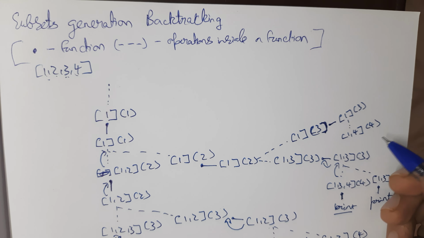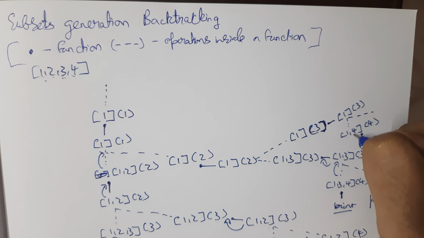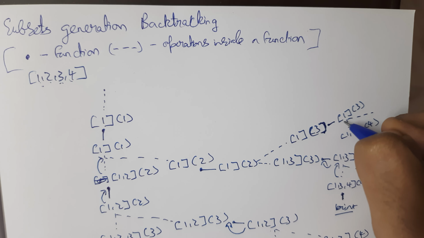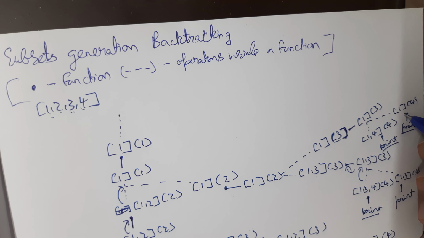And after printing 1, 4 in the output, we'll be going back to the function where we remove 4 and what's left is 1, and we'll now print this, and this is going to be 1.